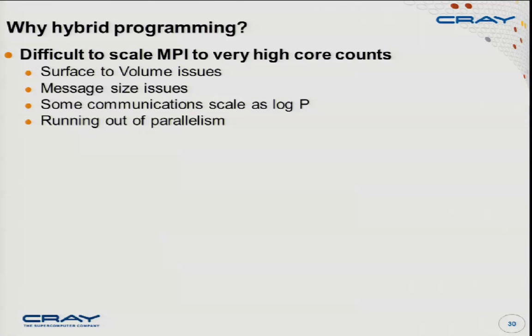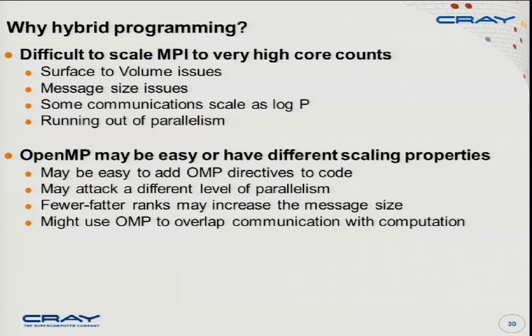Some communications scale as log P. A barrier, for example, does no useful work, but it takes longer and longer. Running out of parallelism may be another one. Maybe you did a 1D decomposition to implement your MPI, and now you're just flat out of iterations to decompose. But there's still a bunch of work to be had.